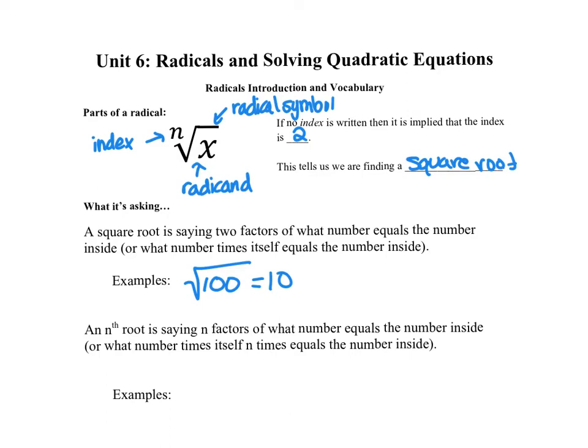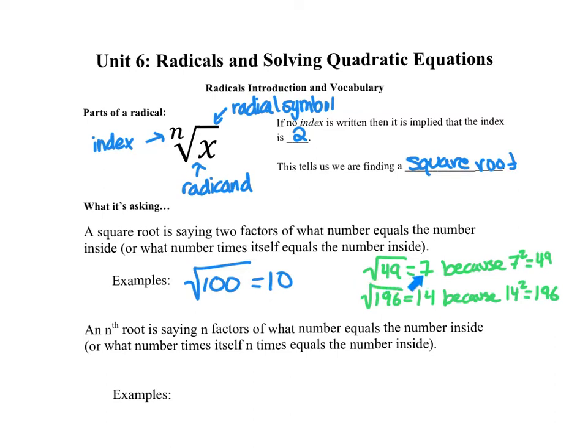You could probably list a bunch of other square roots here. So I listed 2 for you. The square root of 49 is 7 because 7 squared is 49. The radicand is 49. The index is 2 because that tells me that I'm taking a square root and it's implied. Then we have nth roots, which is just the more general case.